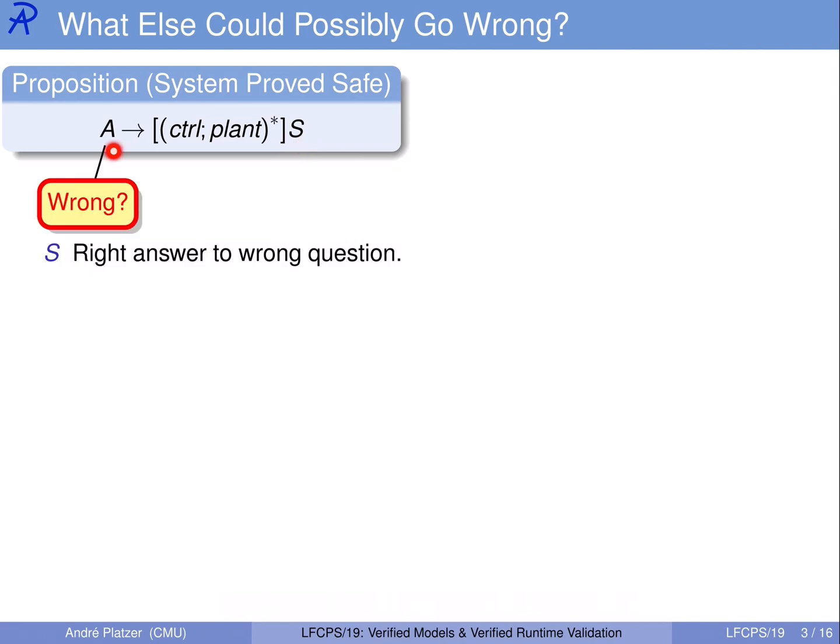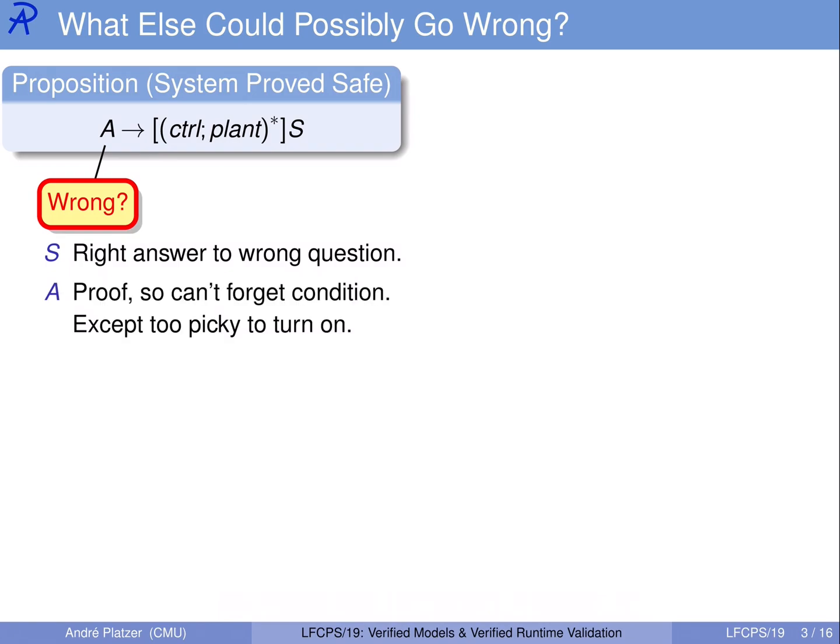What if the precondition A is wrong? Well, in a sense, that's less bad, right? Because at least we cannot have forgotten any required assumptions in A, because the proof would have rescued us. The proof simply wouldn't have worked had we forgotten something in A. But there's still a catch, because in our process of trying to find out the appropriate initial conditions that make this property true, maybe we overshot the goal.